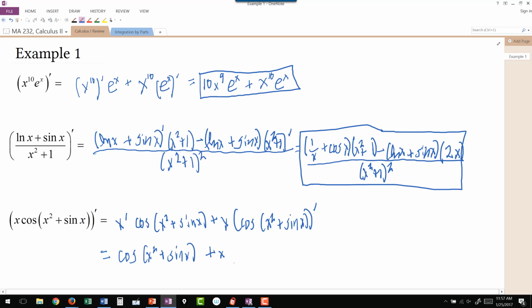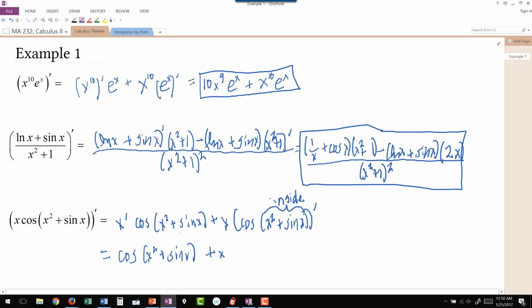plus x times the derivative of cosine of x squared plus sine x. So this is going to be an application of the chain rule where the inside function is x squared plus sine x, and the outside function is cosine.